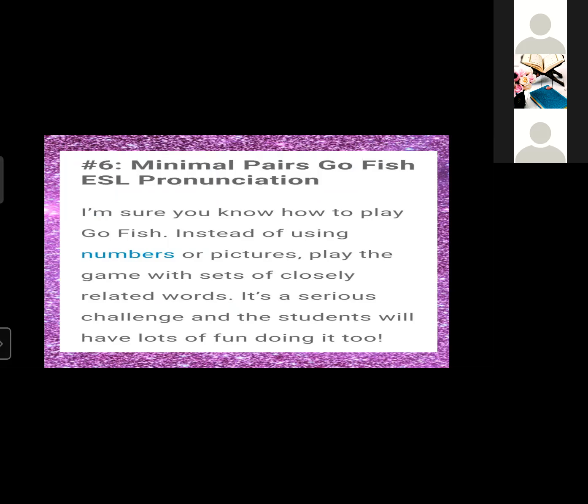So it's a kind of competition among the different groups of students or learners. The group which go fish a lot of words will be the winner, okay?